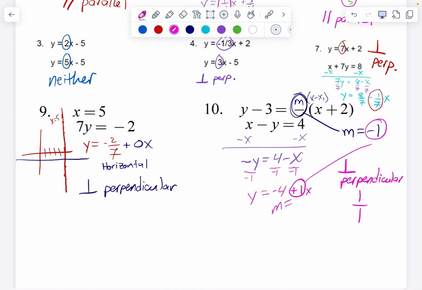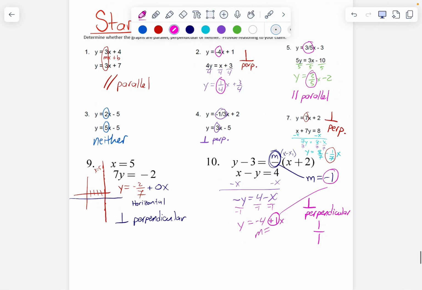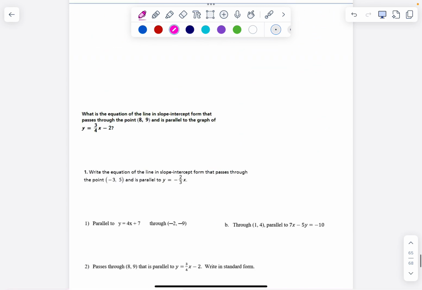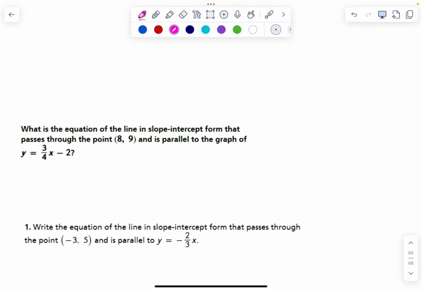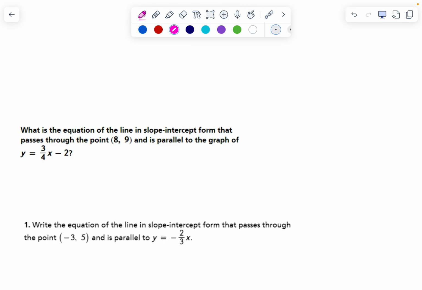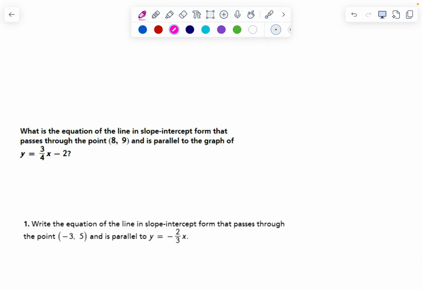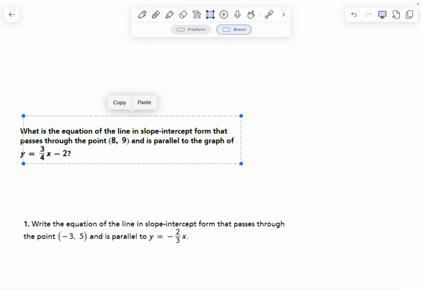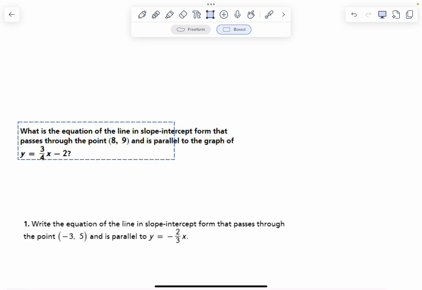All right, you're going to be doing some of that today on some individual practice. Here's your next task. This is a little bit harder, so please make sure you're paying attention. We're going to put an example in your notes, but actually, you know what? Let's just grab this one and stick it in your notes.